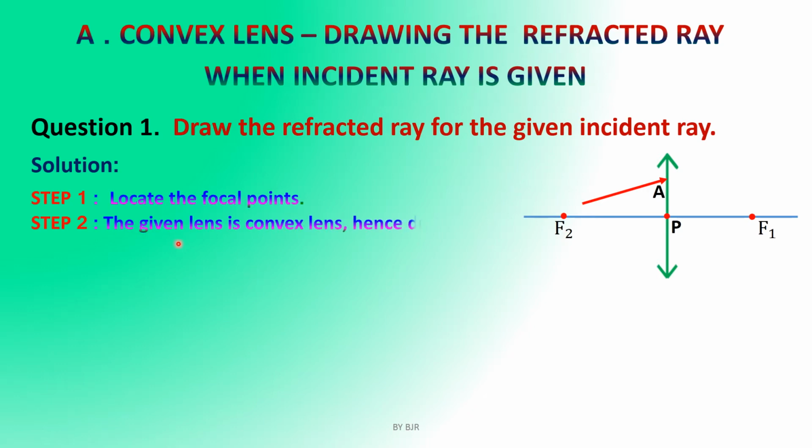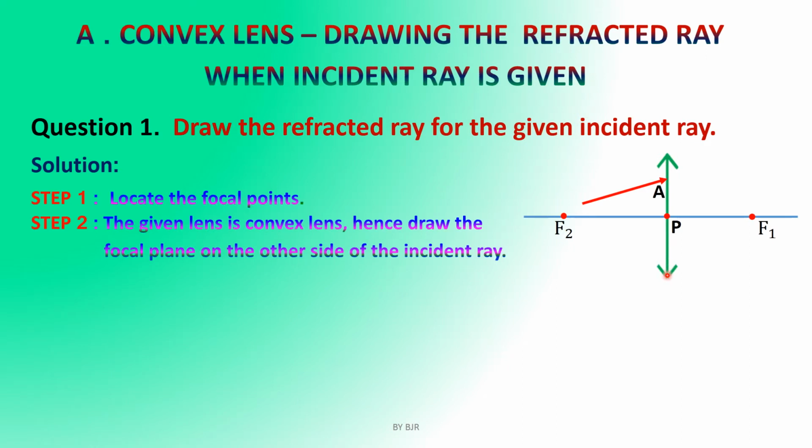The given lens is convex lens. Hence, draw the focal plane on the other side of the incident ray. See here, the given lens is convex lens.